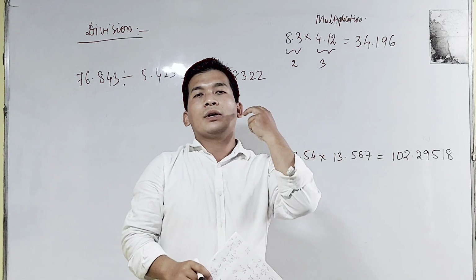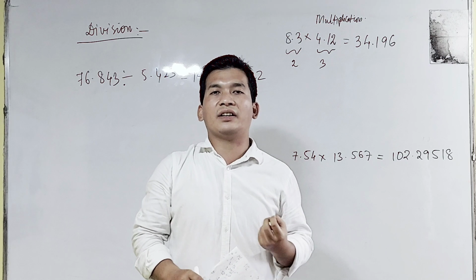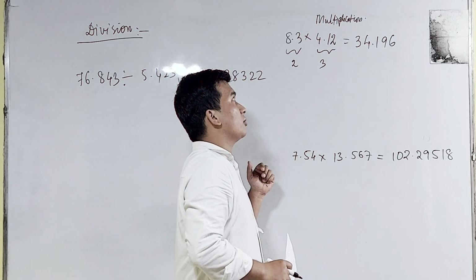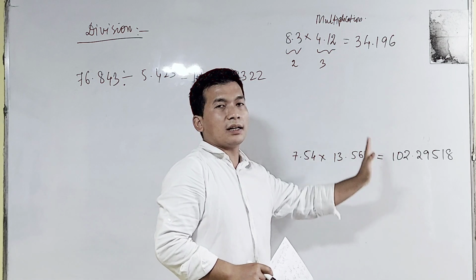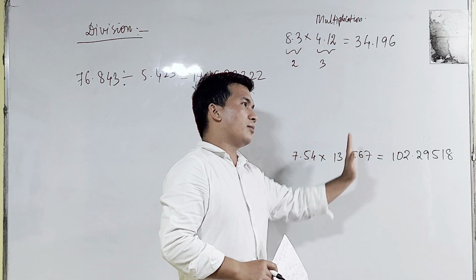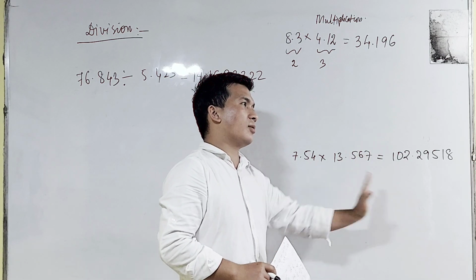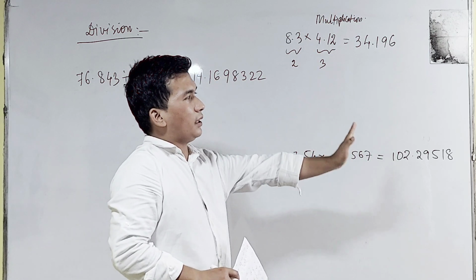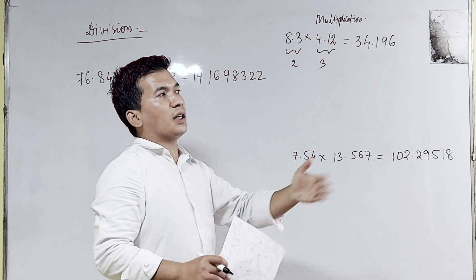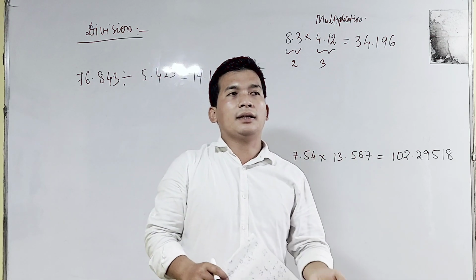So our answer must also have two significant figures. In addition and subtraction we do column-wise addition and column-wise subtraction, with the imaginary line and the left over digit.